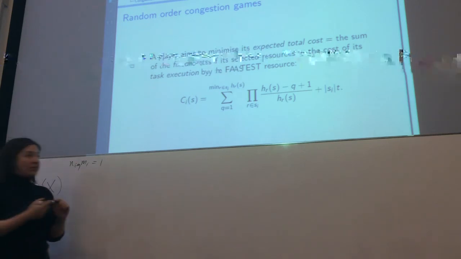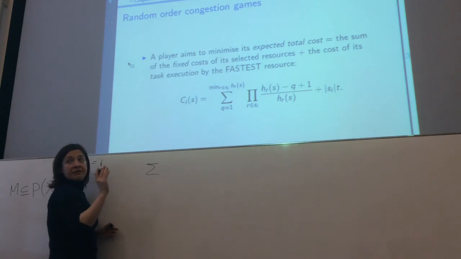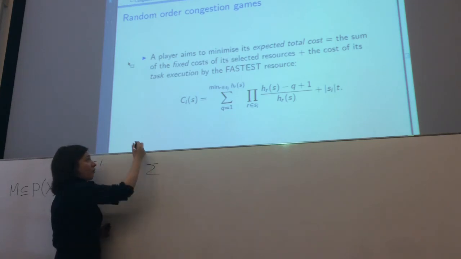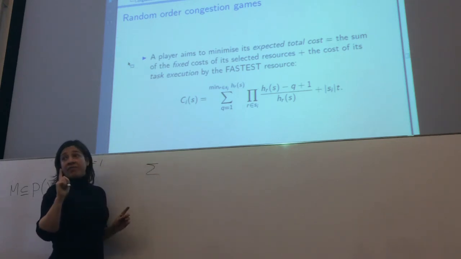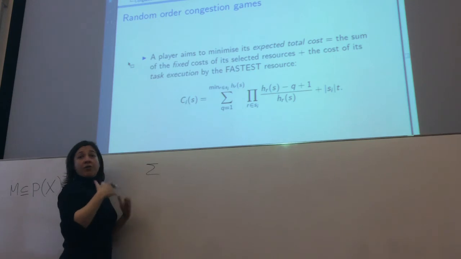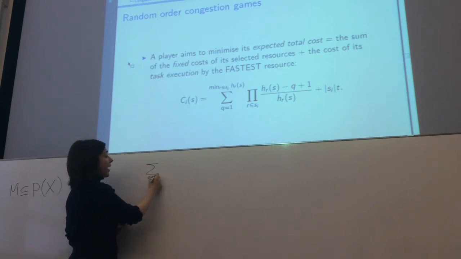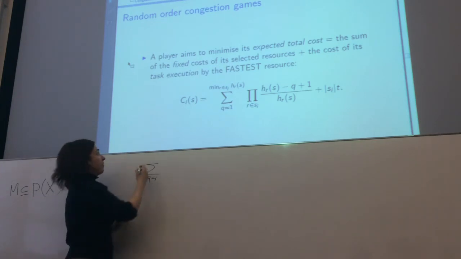What's the expectation? If we have a discrete random variable, you remember that you go over all possible values, right? We look at the fastest machine. So your order on the fastest machine would go from 1 to what? The minimum congestion, the fastest machine that you have.